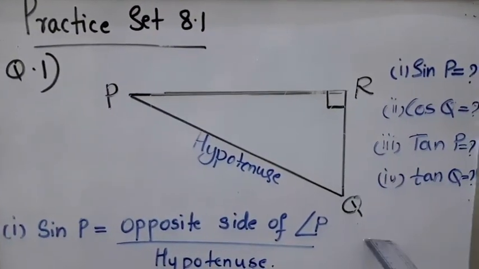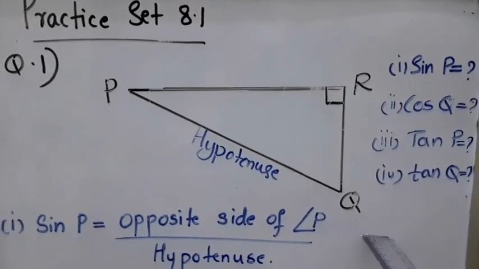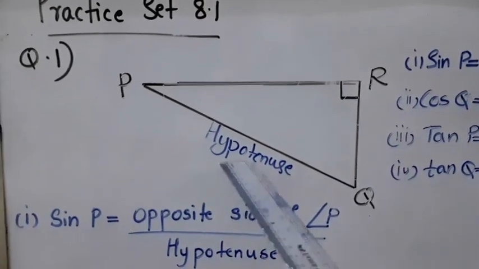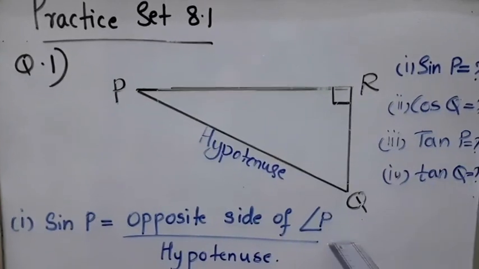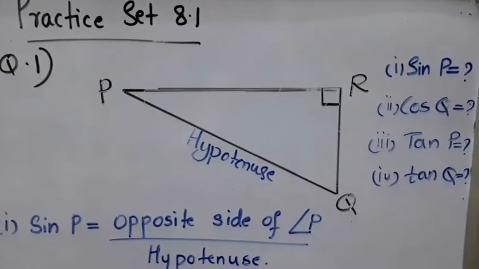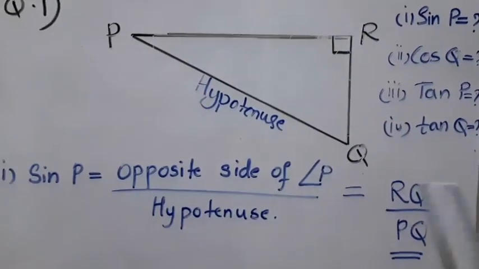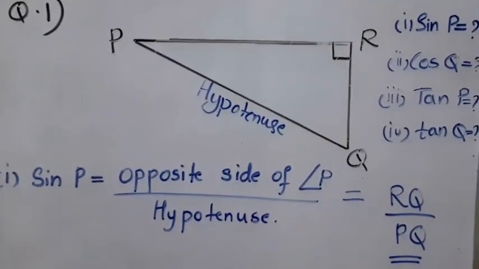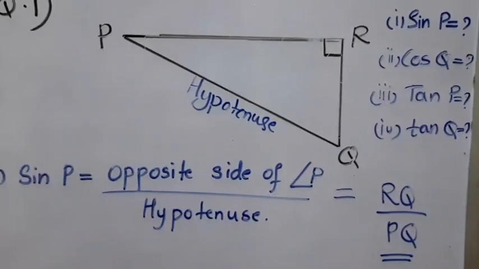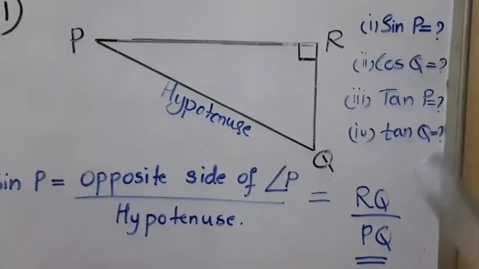What is the hypotenuse here? PQ. So your answer will be RQ upon PQ. So we got sin P as RQ upon PQ. This should be your answer. In the same way, we will find all the other 3 ratios.